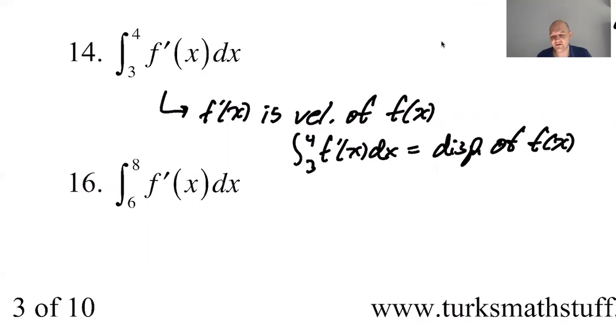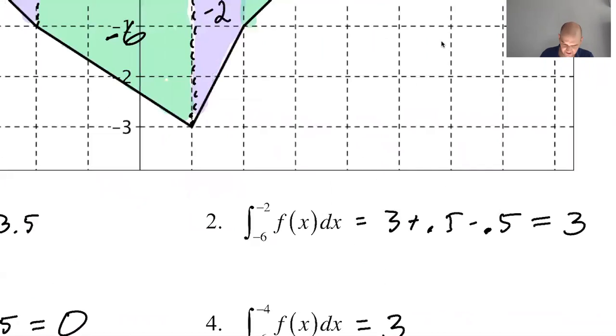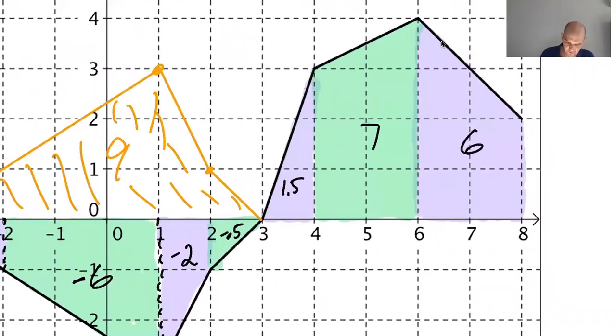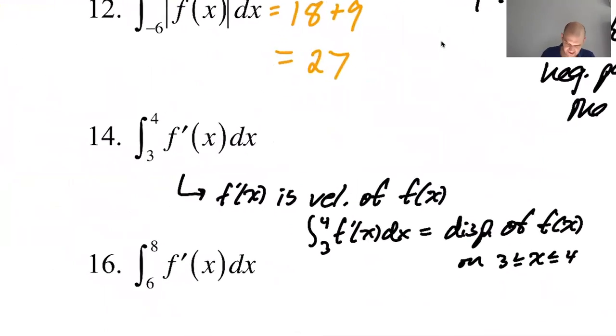It's the change in f of x, the signed change, either positive or negative, on 3 to 4. So let's go to the graph and see what happens from 3 to 4. We're going to look at the graph of f of x, and between 3 and 4, the value goes from 0 up to 3. I think this answer is going to be 3.